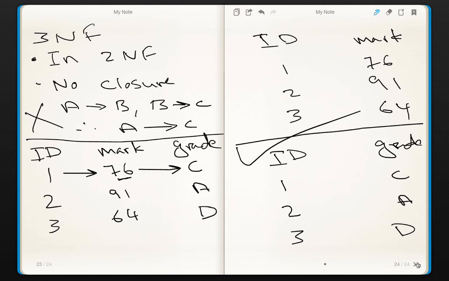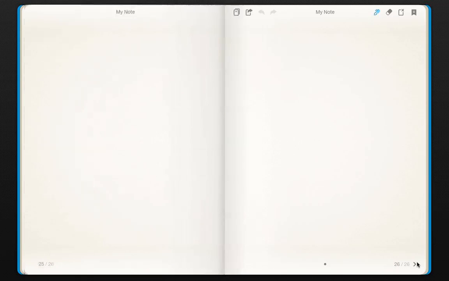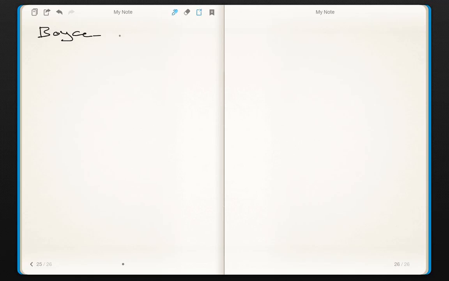Based on the third normal form, we have the Boyce-Codd normal form. Another type of normalization is the Boyce-Codd normal form, referred to as BCNF.